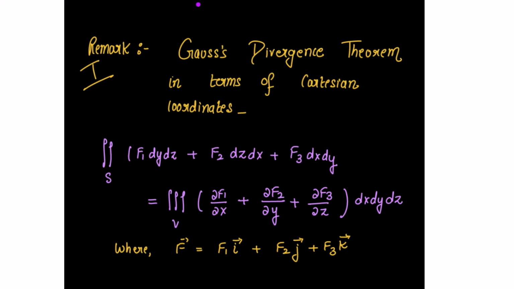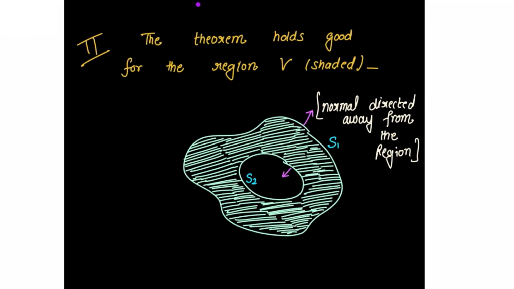The Gauss Divergence Theorem in terms of Cartesian coordinates can be written as the surface integral of f1 dy dz plus f2 dz dx plus f3 dx dy equal to the volume integral of ∂f1/∂x plus ∂f2/∂y plus ∂f3/∂z dx dy dz, where f vector is f1 i vector plus f2 j vector plus f3 k vector, right? This Gauss Divergence Theorem holds good for the region V shaded.